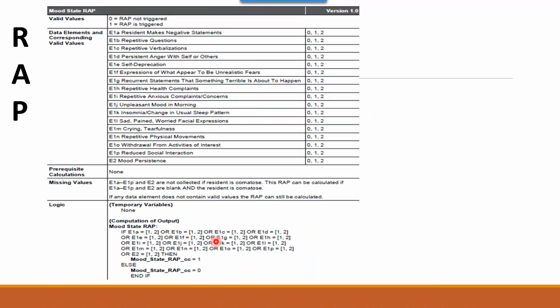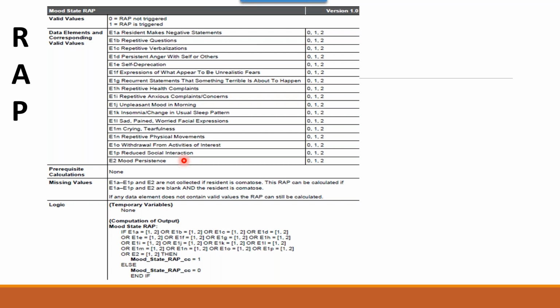Now, when we're looking at the RAP for mood, you can see here we have all of the items from A to P. So all of those items are included, as well as E2, which is mood persistence. And remember, the mood persistence question asks if the person has in the last 7 days experienced any of these items, were they easy to resolve or could they not be easily resolved.